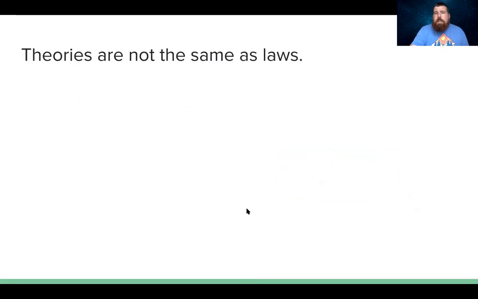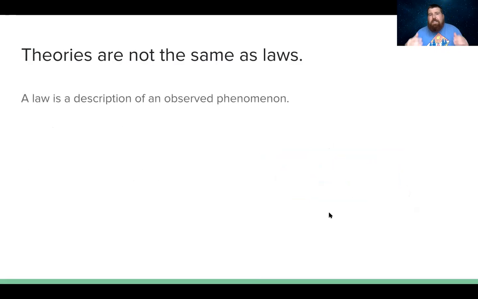And last but not least, theories are not the same as laws. These are technically two different things in the world of science. A law is a description of an observed phenomenon. Oftentimes with laws, we have some sort of mathematical formula associated with that thing. Once again, it is describing the observed phenomenon, whereas a theory is trying to explain why that thing is occurring, the reasoning for why that phenomenon is occurring.